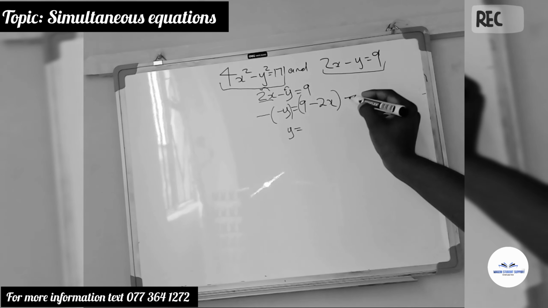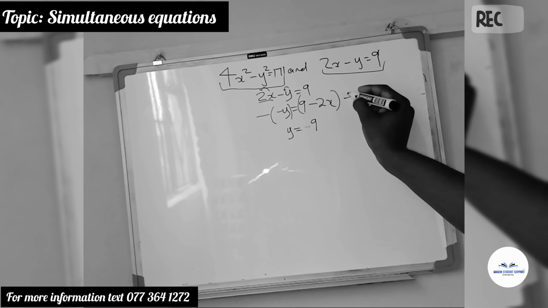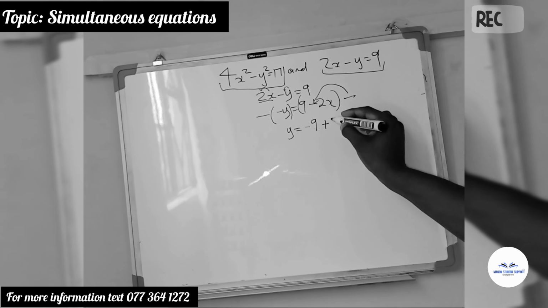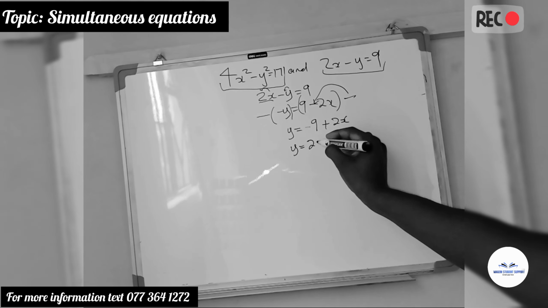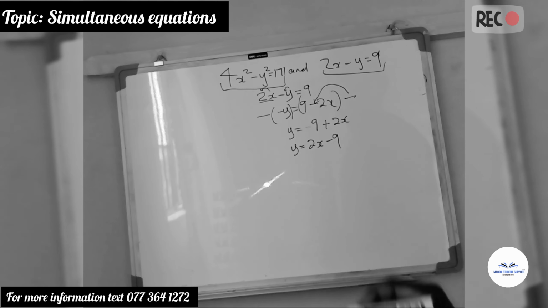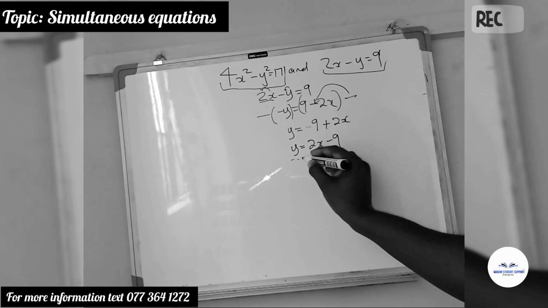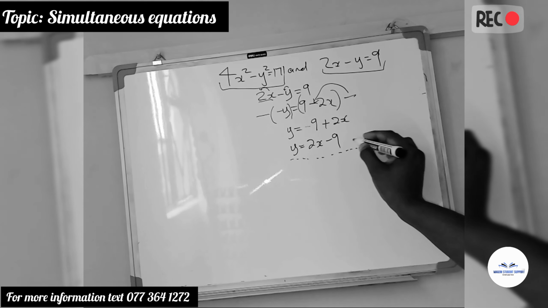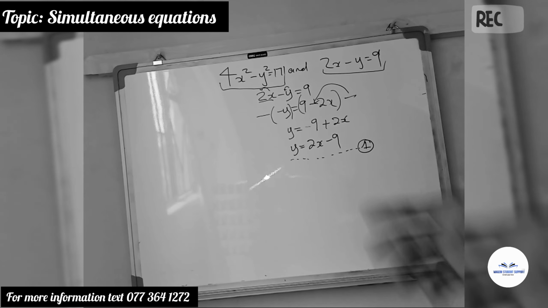Negative multiplied by positive will be negative 9, and negative multiplied by negative will be positive 2x. In an easier way, we put it like that, and we say this is equation 1. So now we have equation 1.